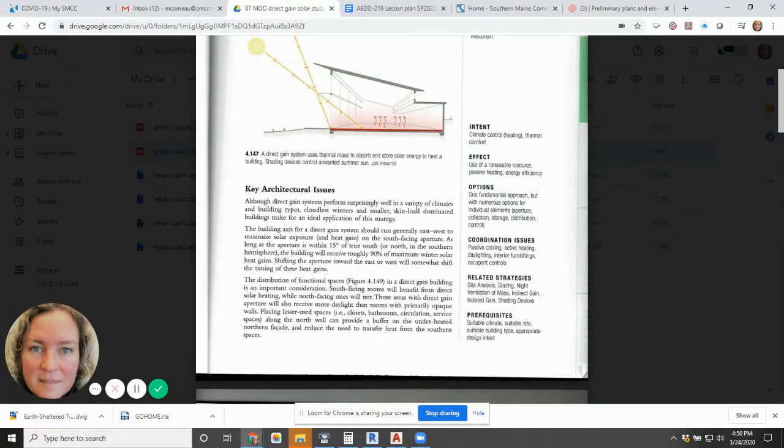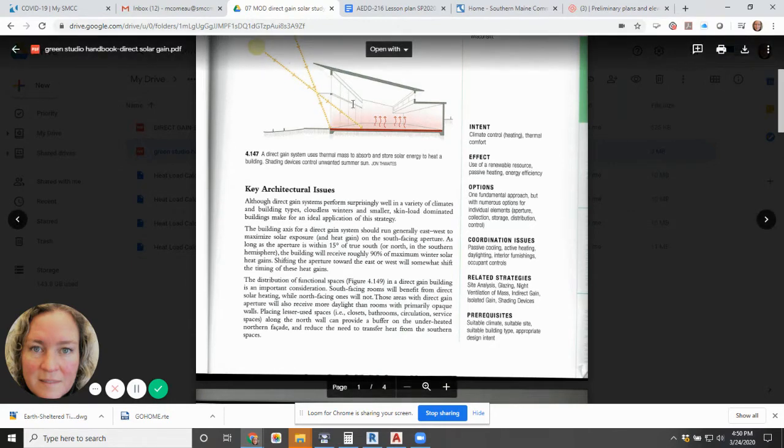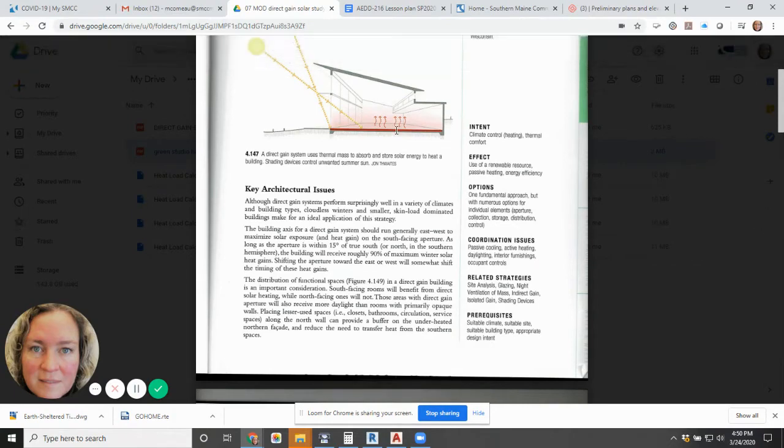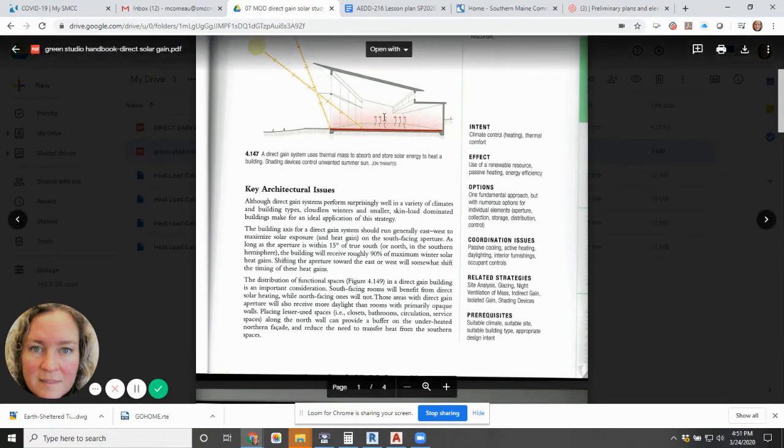Direct gain is one of the simplest ways of using solar heat for your home. What you need are two things basically. You need a wall of windows, and then you need something that will store that solar heat over the course of the day, and then is able to release it as radiant heat at night when the sun goes down.